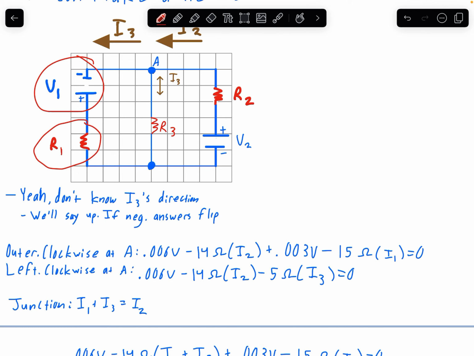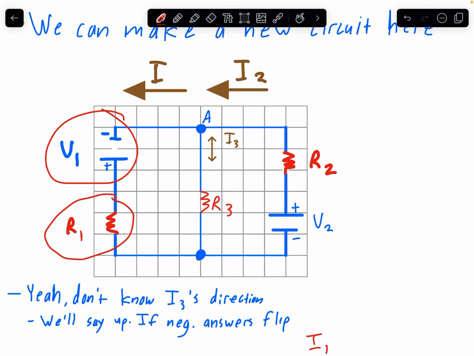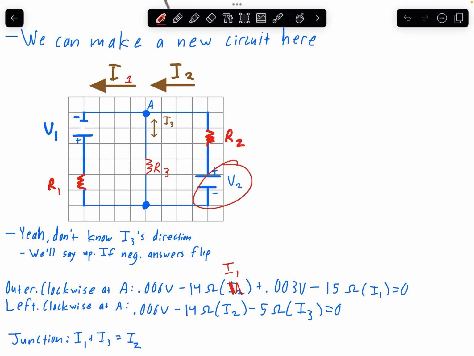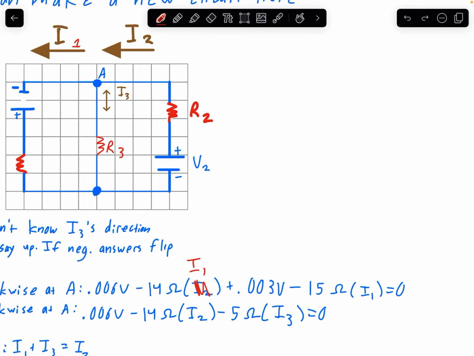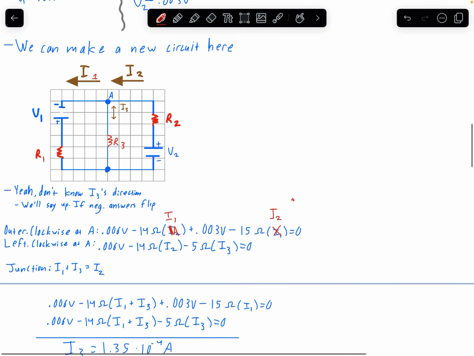Okay, so add voltage 1, subtract R1 times I1, then add voltage 2, and subtract R2 times I2, set equal to 0. So that's our outer loop.